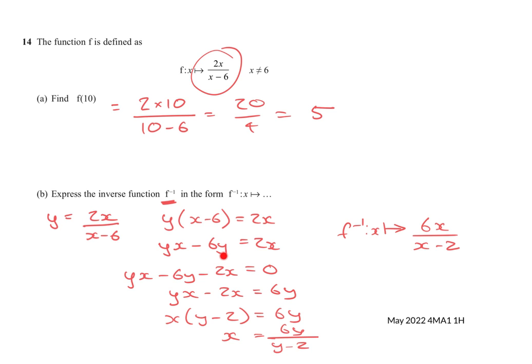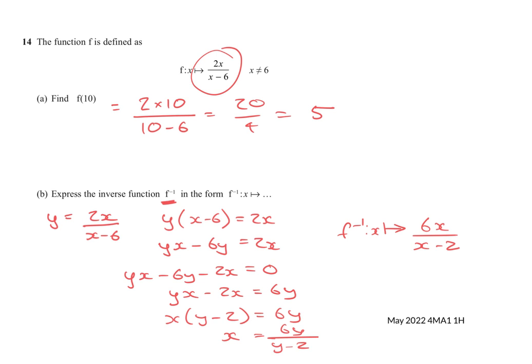So that gives us the yx minus 6y. Then you want to collect all the terms involving x onto one side. This time we put it onto the left, and everything else onto the other side. Once you have just terms in x on one side, you factorize. That separates the x then, so you can actually divide by the bracket. And then the final stage, once you have x equal to this, is you just rewrite this part here, replacing y with x.